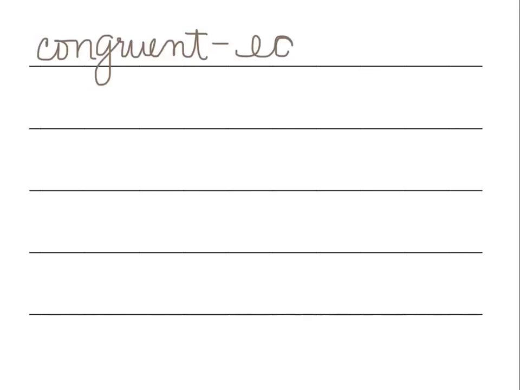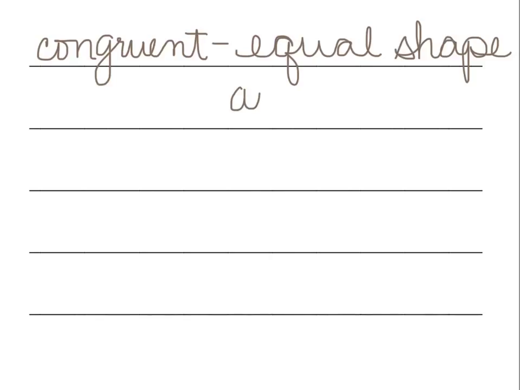Now, the first word that you have to be aware of with transformations is the word congruent. Congruent. Now, when two shapes are congruent, they have equal shape and size.